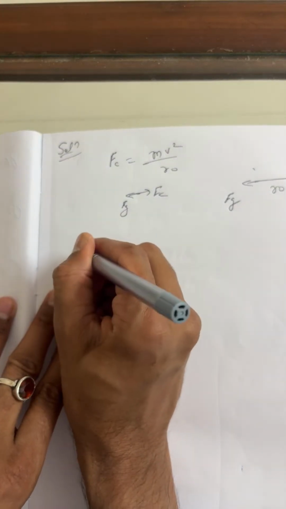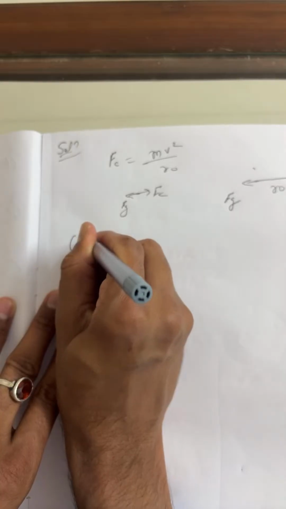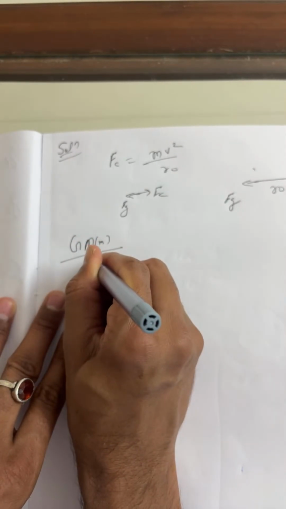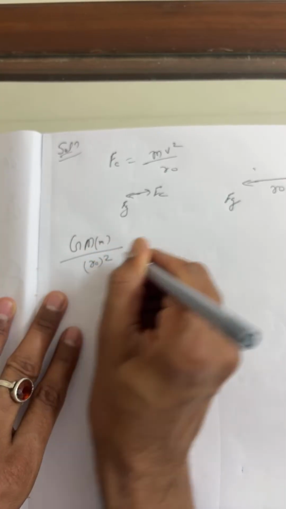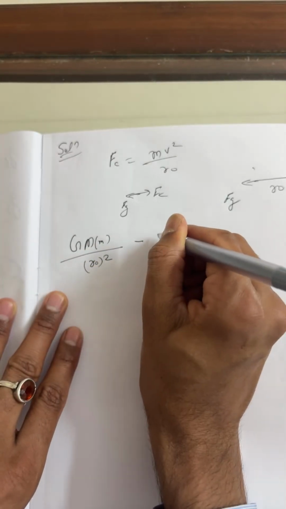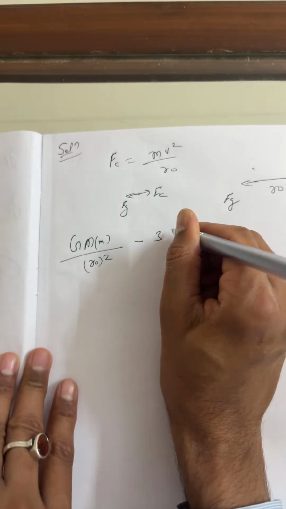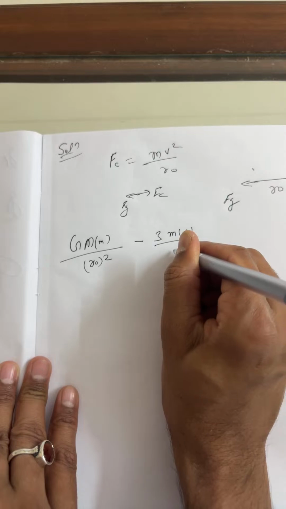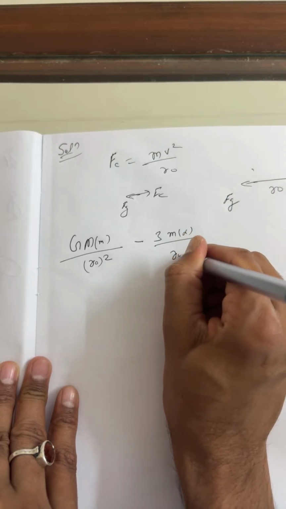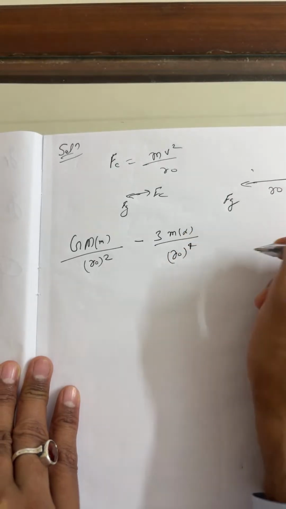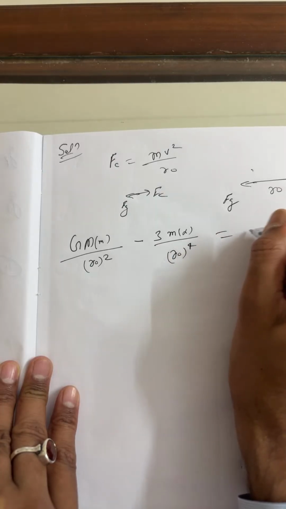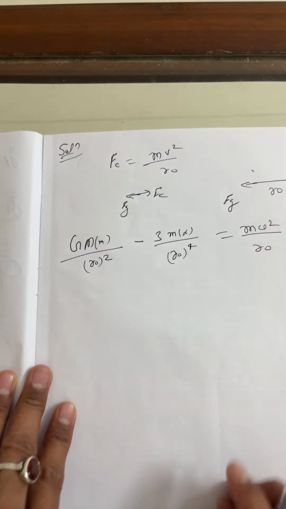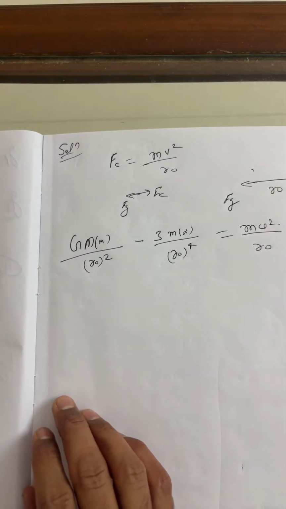So Fg we can write simply as G capital M small m upon R naught whole square, minus thrice of M alpha upon R naught to the power 4, is equal to mv square by r naught, right?